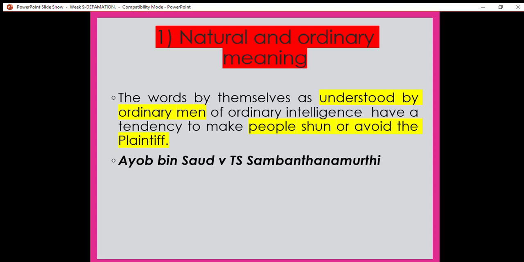So these are the statements made by the defendant via letter, and this letter was sent to the third party.